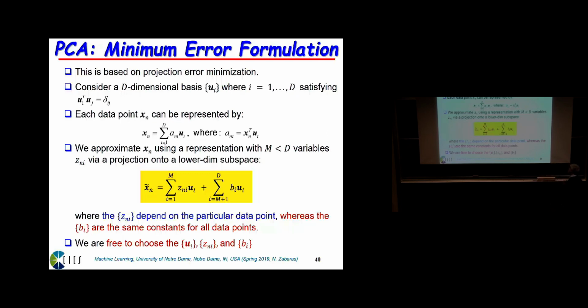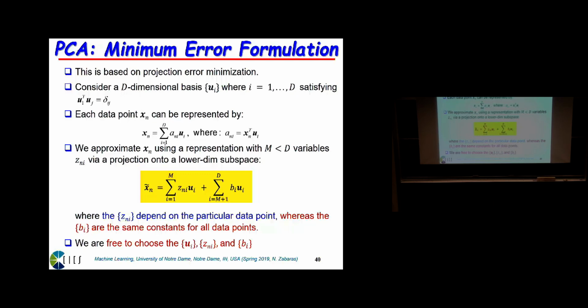And then, imagine that you project everything on this plane. That's the first term. And then everything else has to be a component outside that subspace, so it will involve the ui's from m plus 1 to d. But notice here, these coefficients bi do not depend on n. They are the same for all data points n. Obviously, we don't want this to depend on n, because otherwise we will need more than m coefficients to describe this projection.